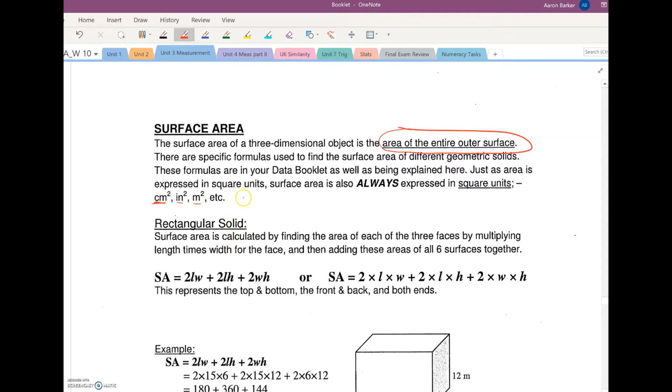Okay, all units must be the same. So if you have centimeters and you have one in meters, you'll have to convert. So you can't have one unit that's different.